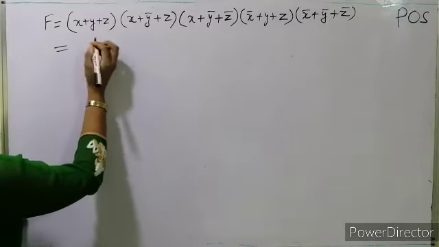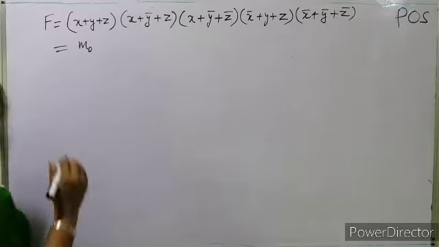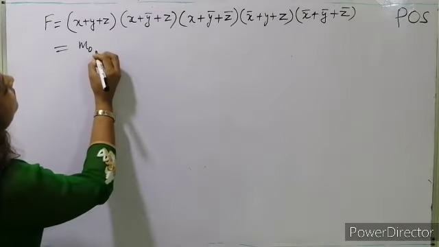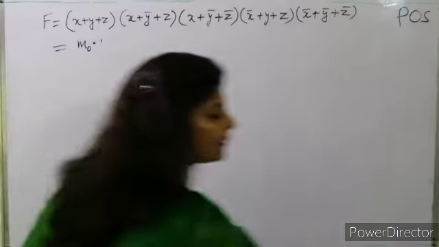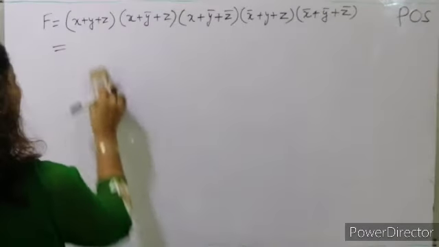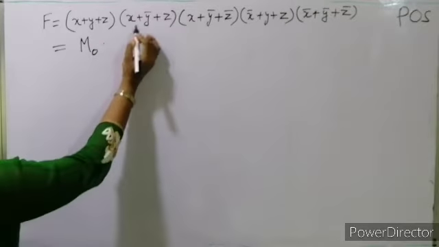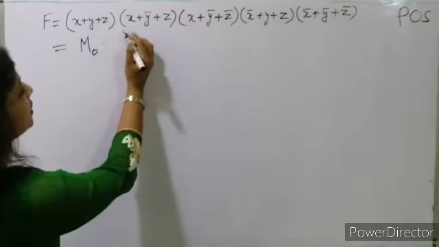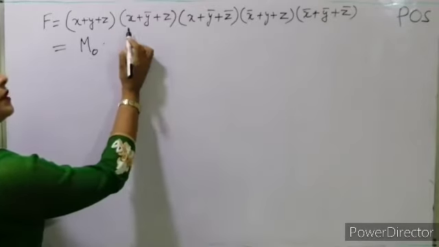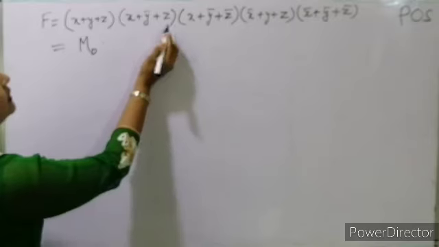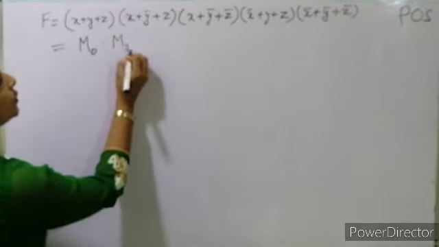Okay, 0 0 0, it means this is m0. Now multiplied by capital M, max term, this is max term. So capital M0 into multiplication. So this is x y bar z, 0 1 0, 0 1 0 means M2.